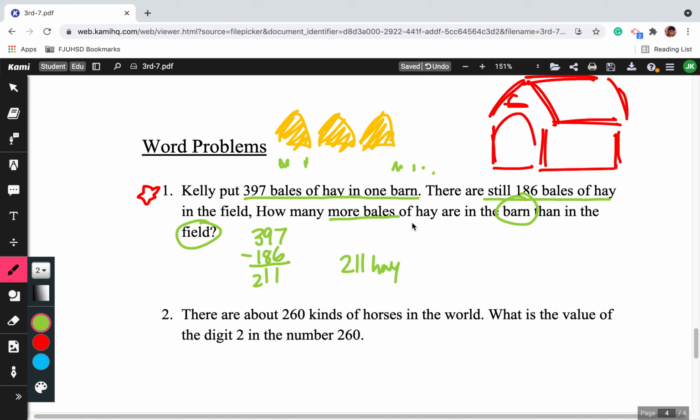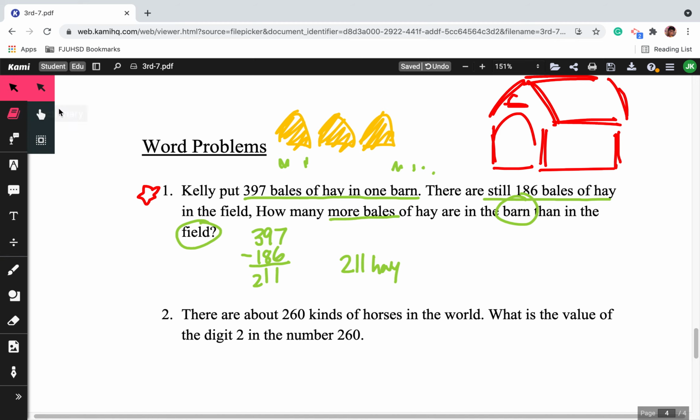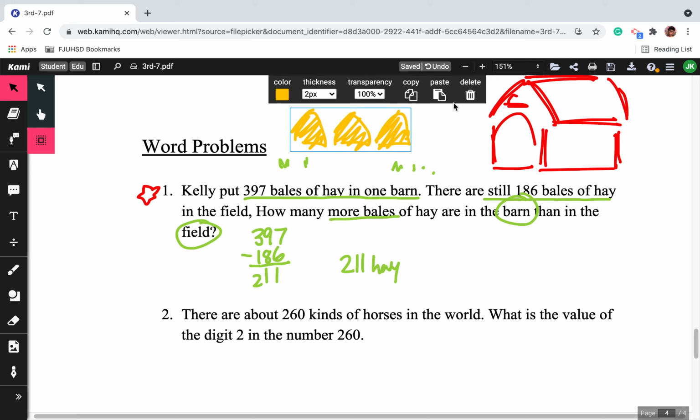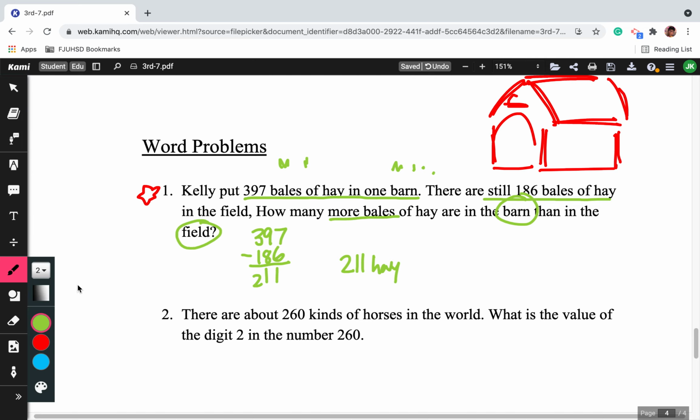If you're still confused, try to think about it like this. Okay, let's just draw this out. I originally had a plan. So let's say these yellow triangles are hay, and some of them are in the barn. Actually, let's put 3. They're asking how many more bales of hay are in the barn than in the field.